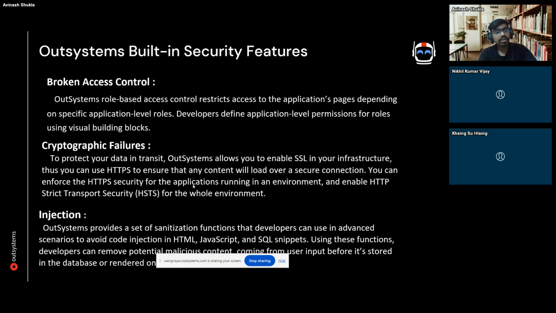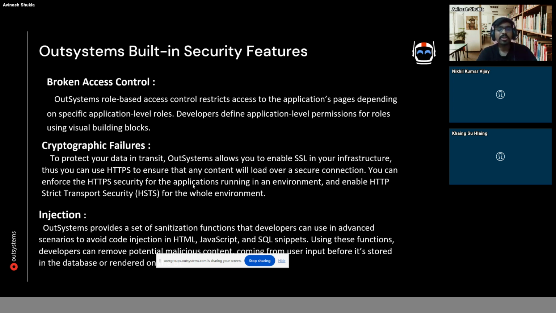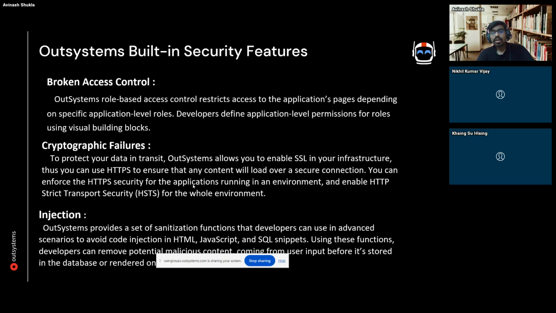Thirdly, we have injection. OutSystems provides a set of sanitization functions that developers can use in advanced scenarios to avoid code injection in HTML, JavaScript, and SQL snippets. Using these functions, developers can remove potential malicious content coming from user input before it's stored in the database or rendered on the browser.